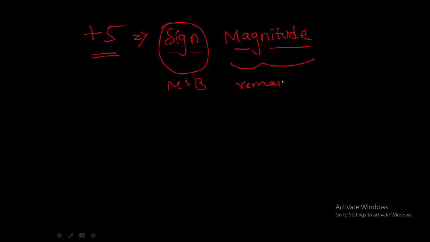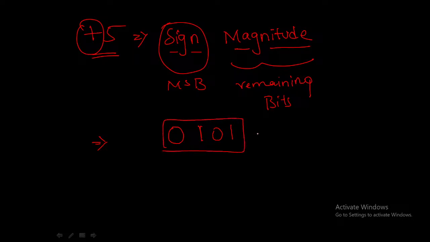Plus sign is represented by 0. The binary representation of 5 is 1, 0, 1. So this is plus 5 in sign magnitude representation.